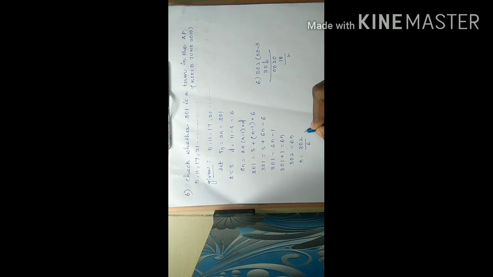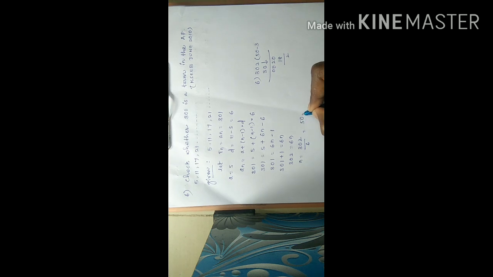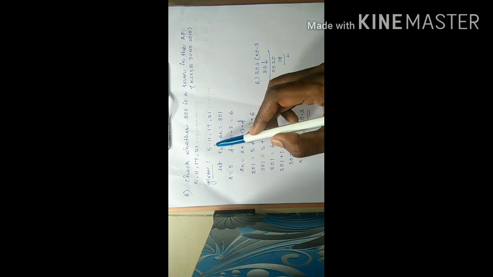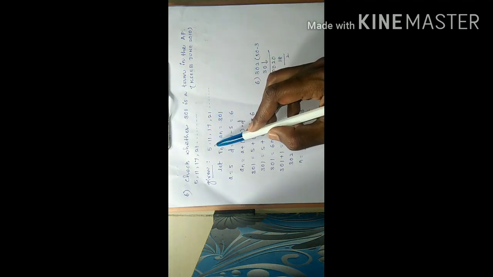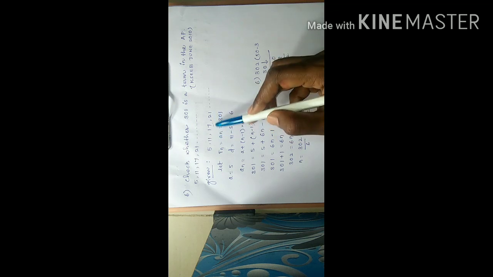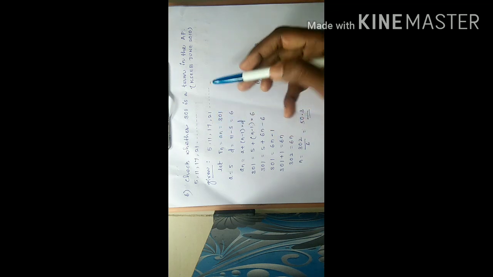So this is 50.3. So this is not a complete number because we have got the answer in decimals. But here we don't have numbers in the decimal form. These are all, this 5, 11, 17, 23, every term is a complete number.